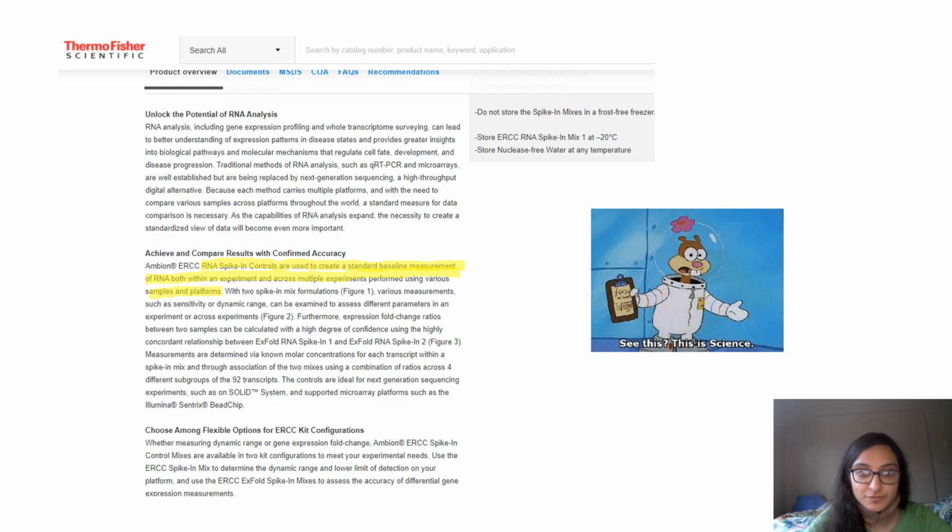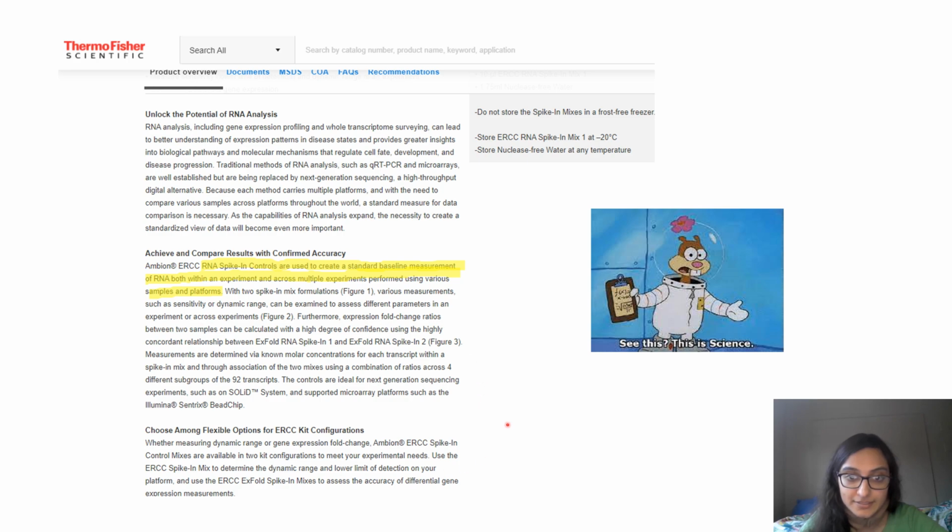So the expression fold change ratio. I was showing you in a volcano plot, where you could think of a volcano spewing out lava, and that's why they call it a volcano plot, where you have your log2 fold change and your p-value as well. You can have these log fold change ratios between two samples with a high degree of confidence when you find your differentially expressed genes.